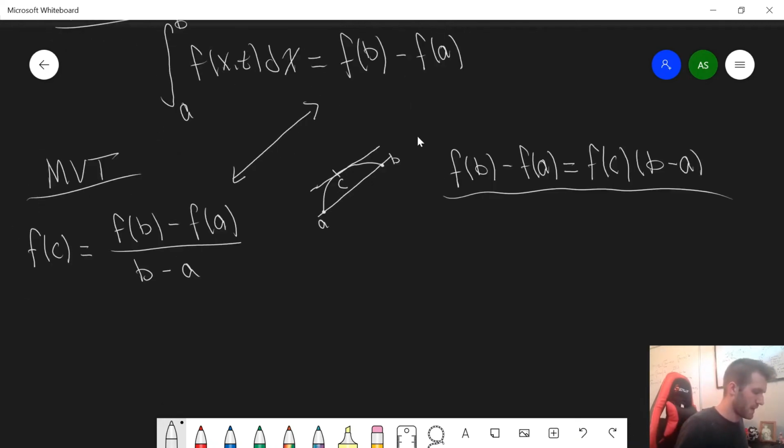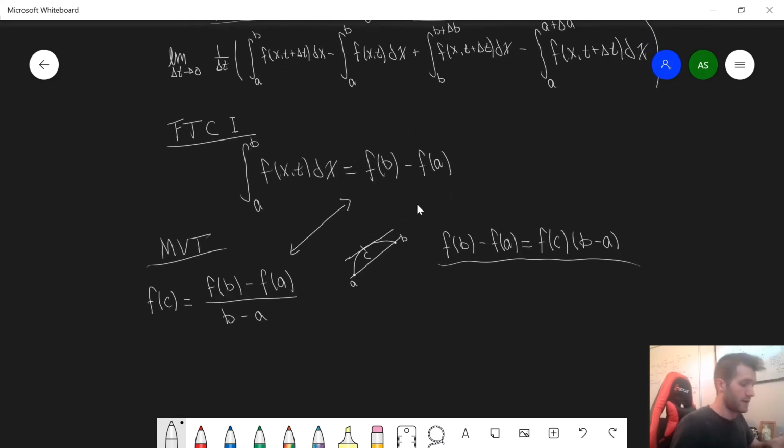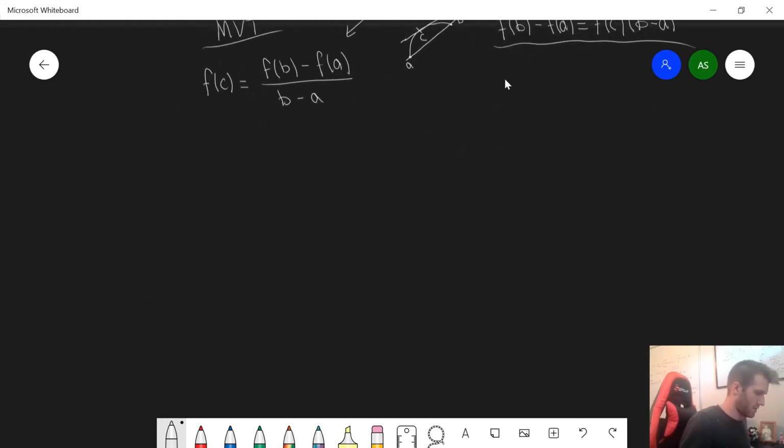So now, keeping that in mind, we can actually start using this definition to define some of these terms here. Specifically, we're going to take this one with us here. We're going to define this first.